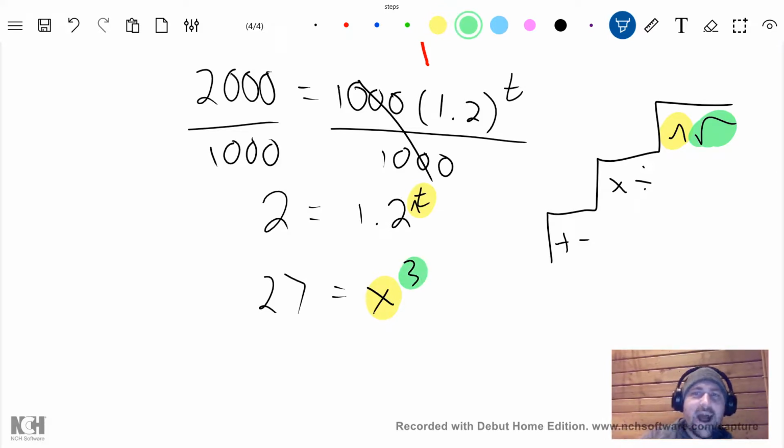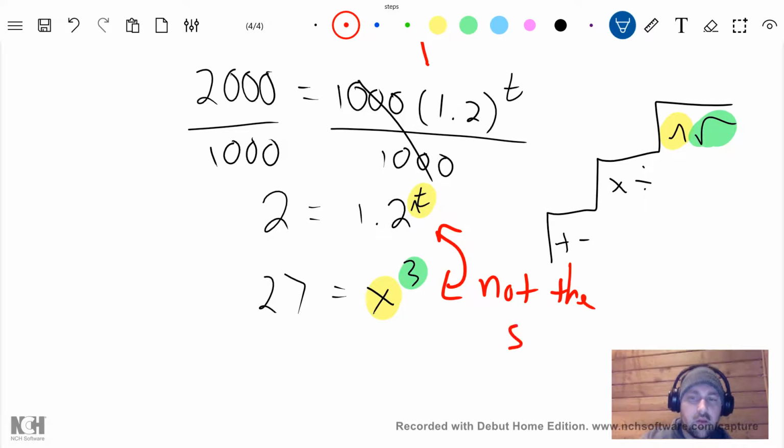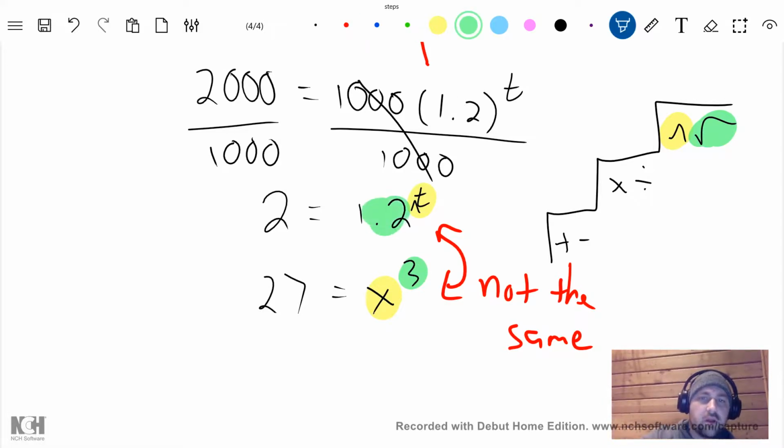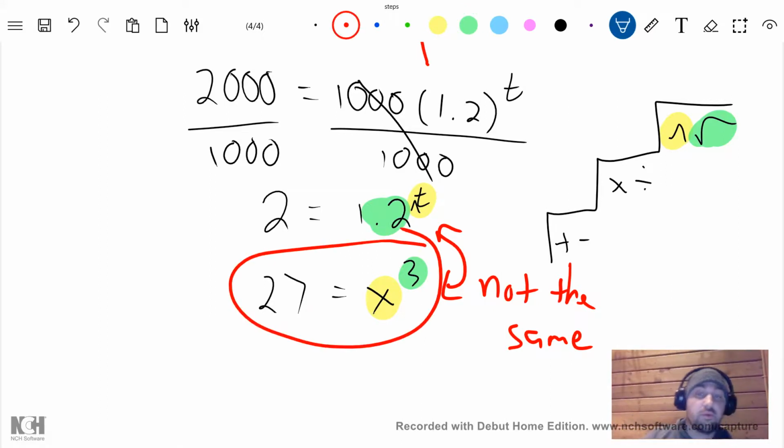But that is the opposite of what we have up here. These are not the same. Because here it's a number to the power of a variable, and in the other one it's a variable to the power of a number. We can do this one. This one you would just take the cube root. But we actually don't know how to do this one here.